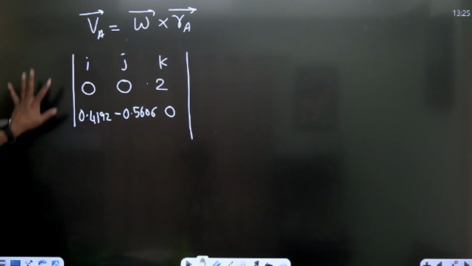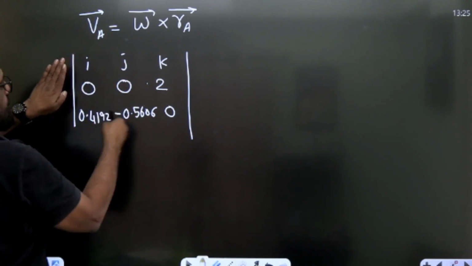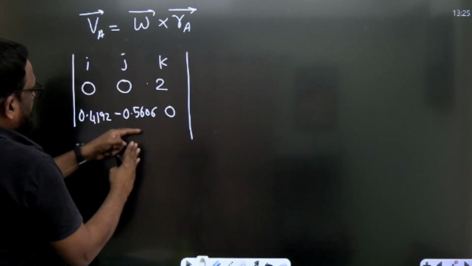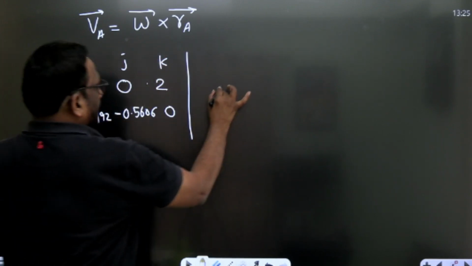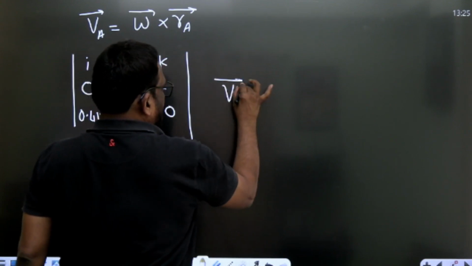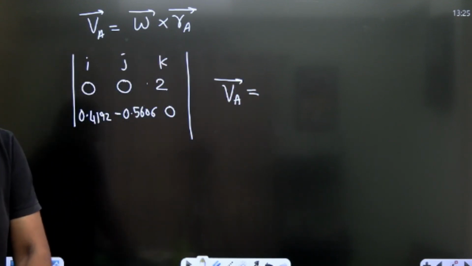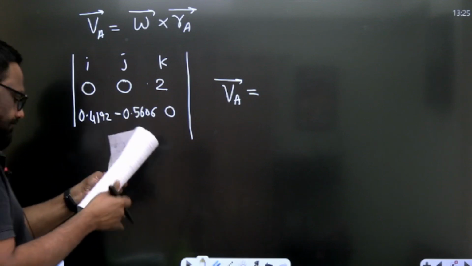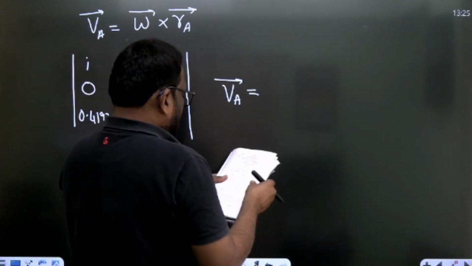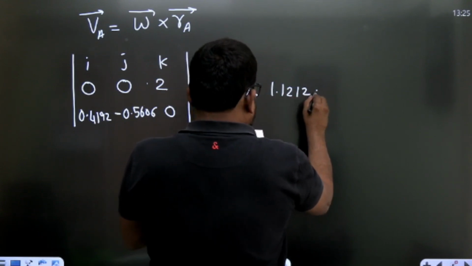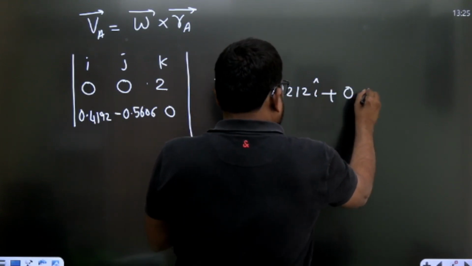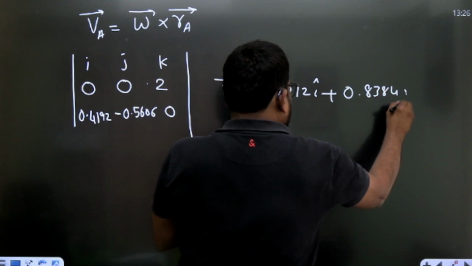So I can easily find out i into this minus this, minus j into this minus this, plus k into this minus this. And if I find, I'll get the velocity vector of A. What is that velocity vector? That vector will be, my dear students, 1.1212 i cap plus 0.8384 j cap.